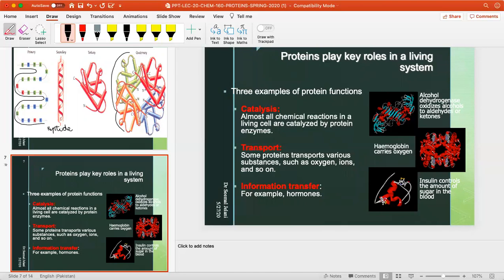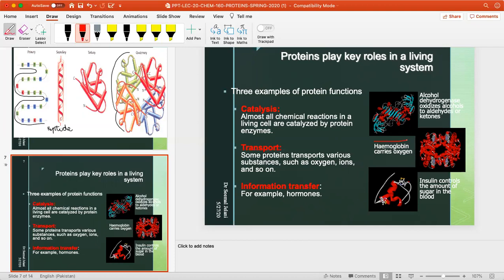For example, if they are acting as a catalyst, almost all chemical reactions in the living body are catalyzed by enzymes. For example, ये alcohol dehydrogenase is the enzyme which oxidizes alcohols to aldehydes and ketones. Transportations में अगर आ जाएं तो very good example of the transportation is the hemoglobin.